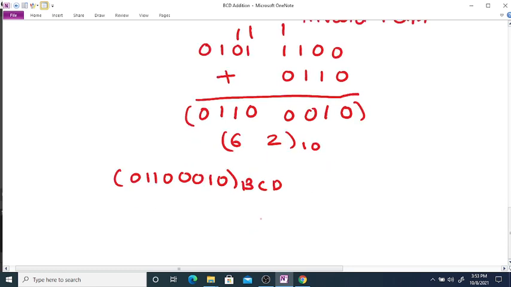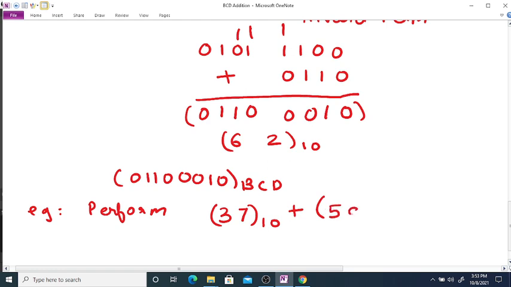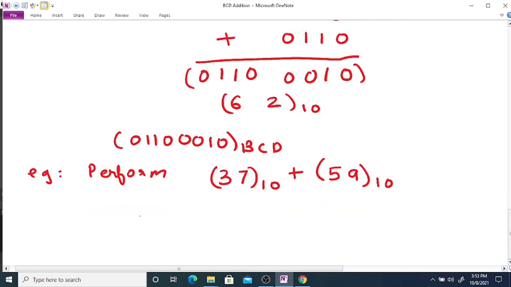We will see one more example. Perform 37 in decimal plus 59, which is also in decimal, using BCD addition.